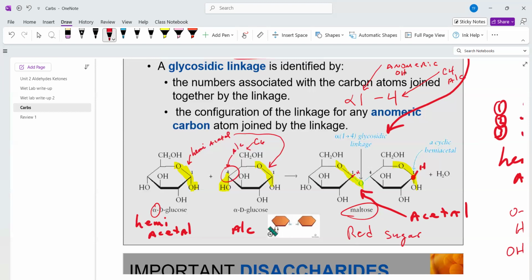Now, this is a typical test question. I'll give you a disaccharide and I'll ask you a whole bunch of questions. One, name it. Number two, is this a reducing sugar and why? Okay, does hemiacetal exist in that? Yes, right over here and highlight it. Number three, what's the linkage? Name the linkage.